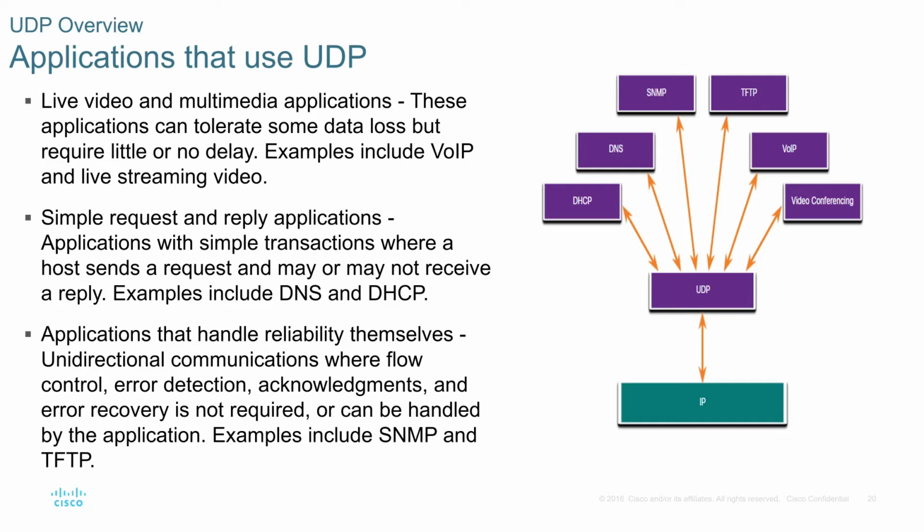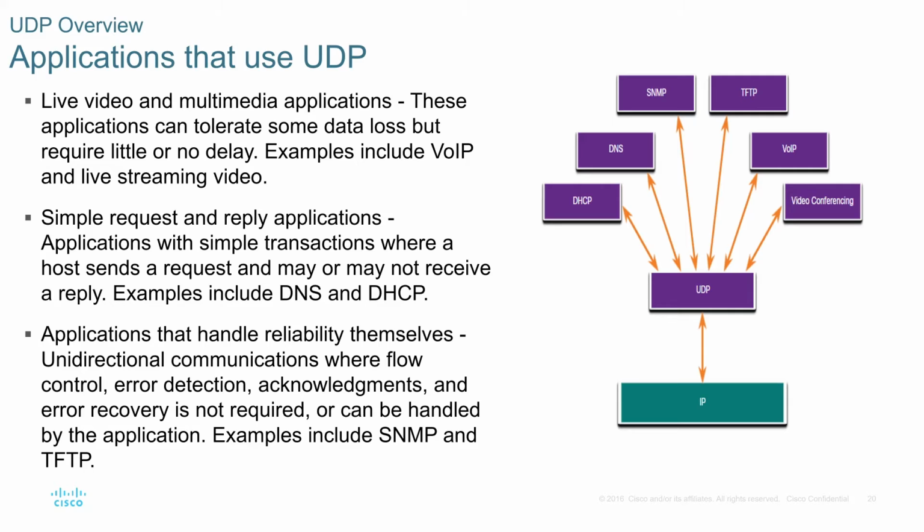Applications that would use UDP include DHCP, DNS, SNMP, TFTP, voice over IP, or video conferencing. Live video and multimedia applications can tolerate some data loss, but require little or no delay.